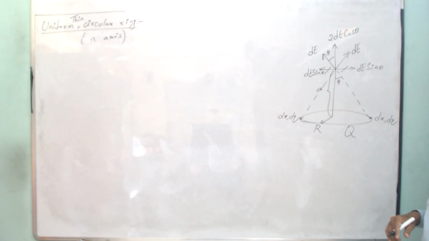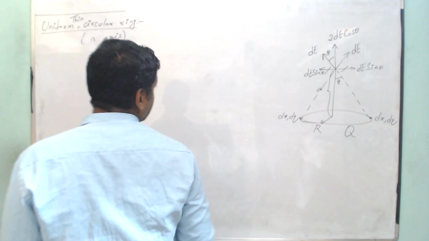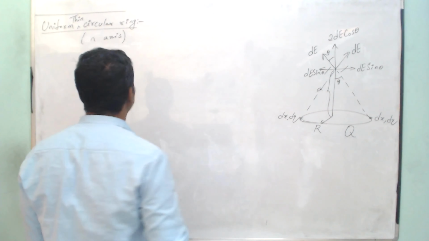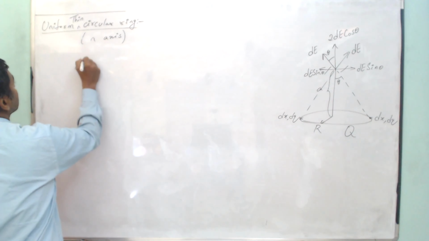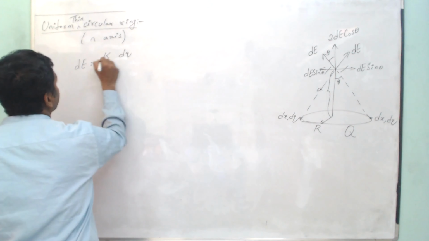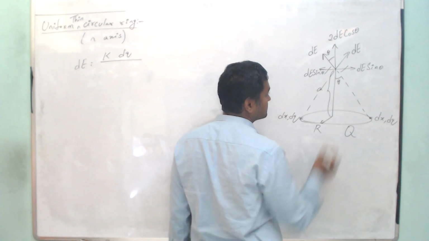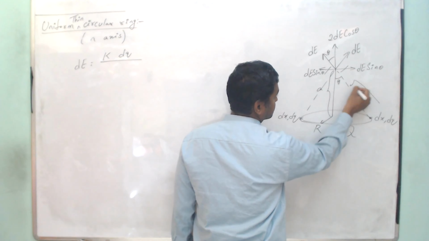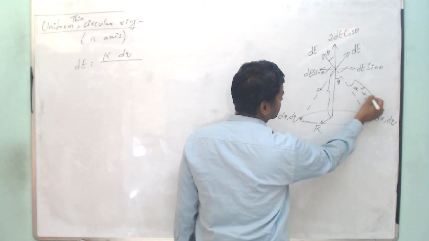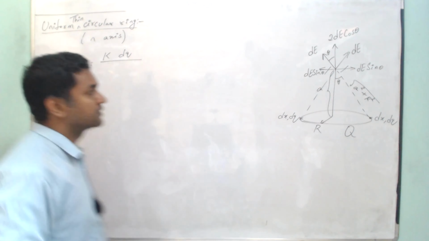Now, what is dE? dE is equal to K dq upon the distance squared. The distance is under root of a square plus r square.